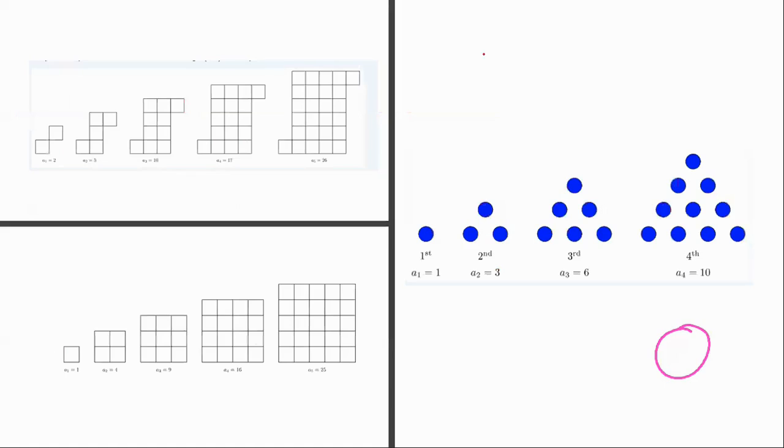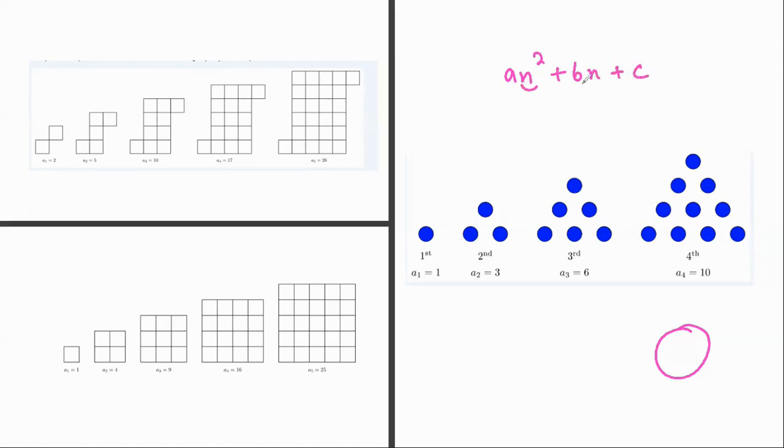Quadratic means power 2, right? Because we have learned the linear expression and the quadratic expression. Quadratic expression means the highest power of any variable is 2, right? The quadratic expression is in the form of the general expression an square plus bn plus c.